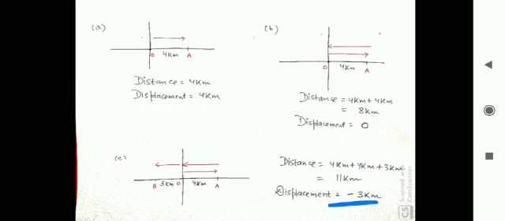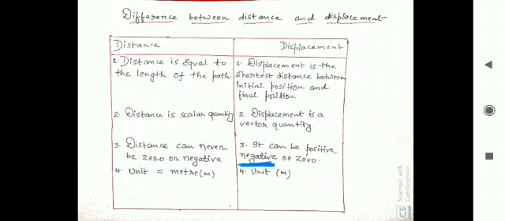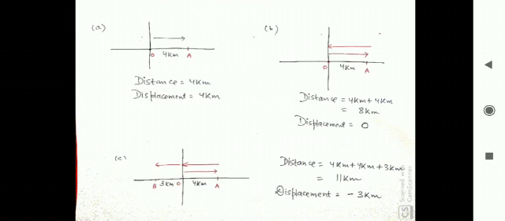Why is it negative? Because at this point it is on the minus side of the x-axis. So the displacement is minus 3 km. So see here, the displacement can be negative also. So here we have proved that displacement can be positive, can be negative, or can be 0 also.